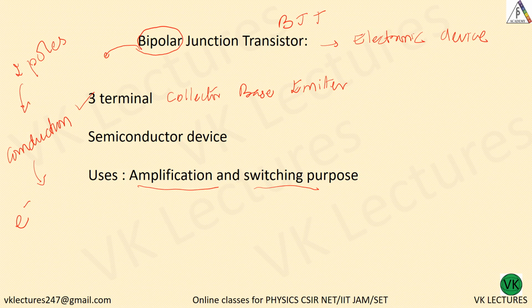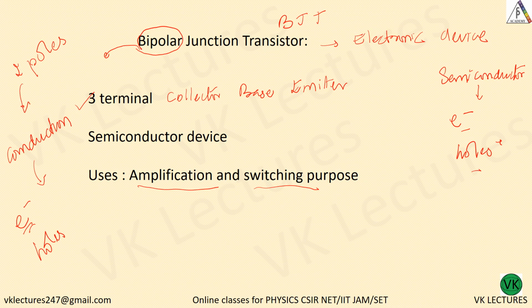See, we have seen for a diode or for a semiconductor, there are two types of conducting materials, one is electrons and another is holes. Both these electrons and holes are present in this BJT. So the conduction is done by either electrons or holes.